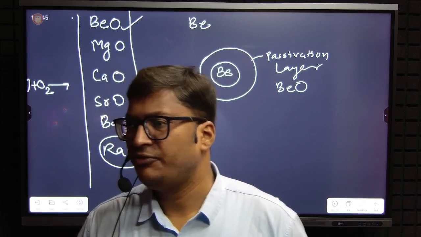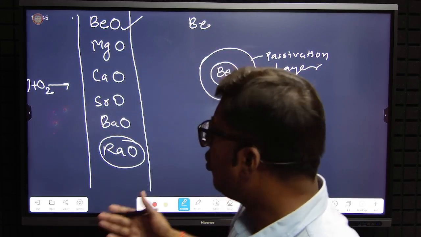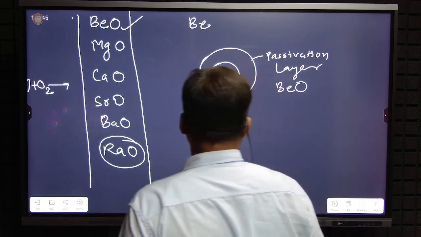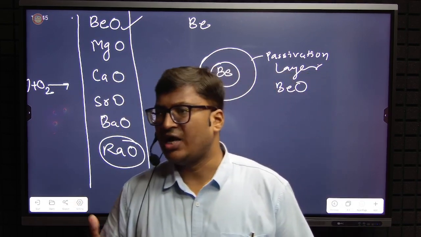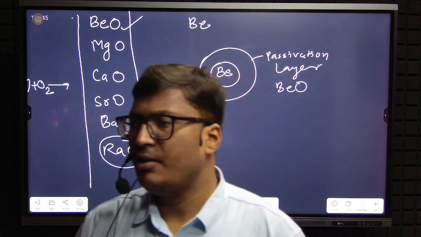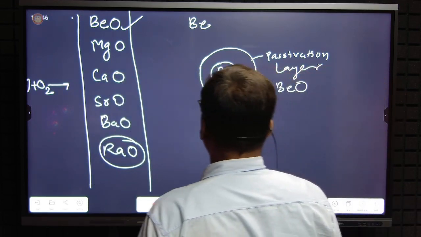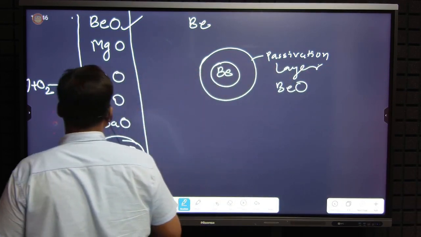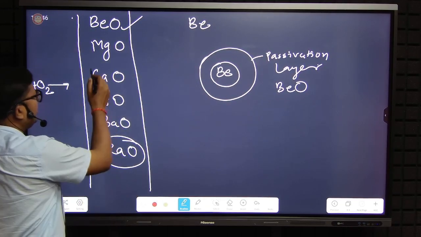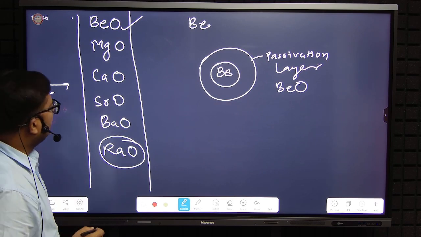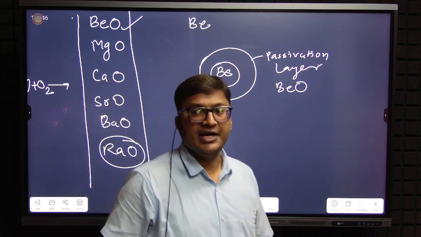Because of the already presence of a passivated beryllium oxide layer on the surface, without removing the beryllium oxide layer, pure beryllium can't react with oxygen easily to form beryllium oxide, but the rest of the other metals like magnesium, calcium, strontium, barium and radium form actually oxide compounds.